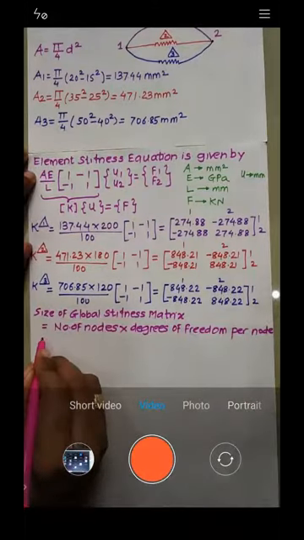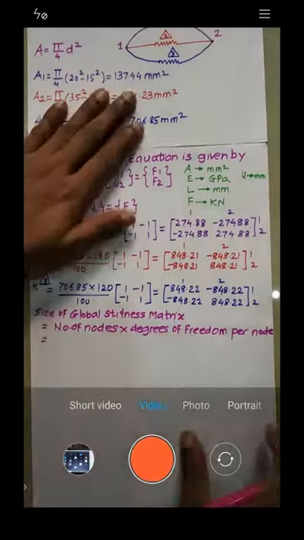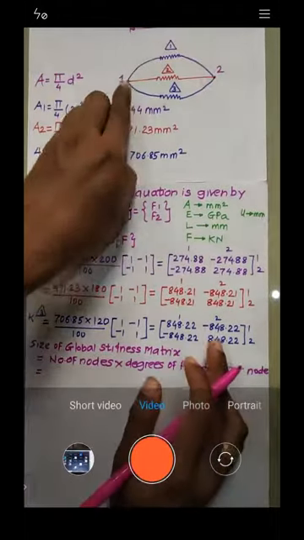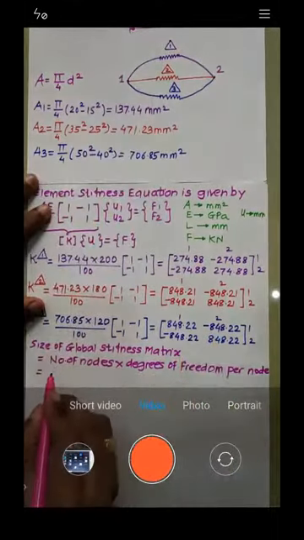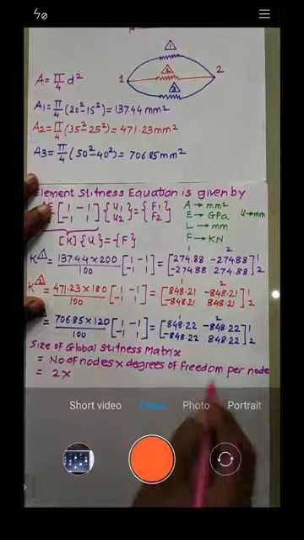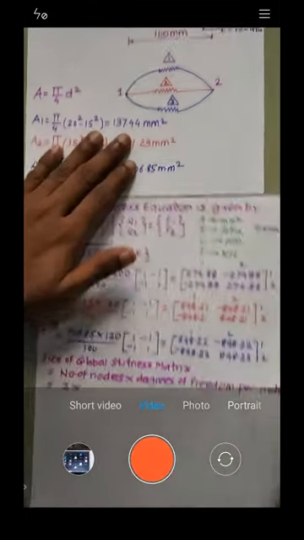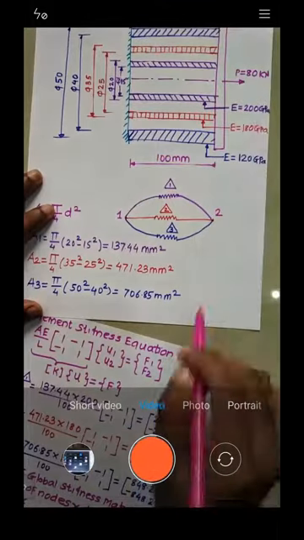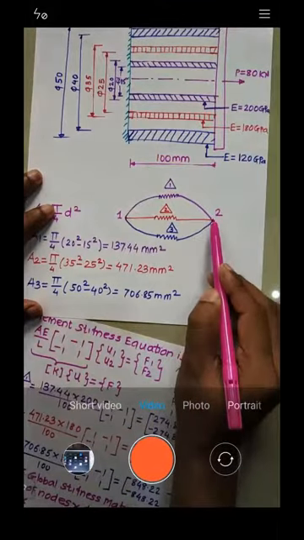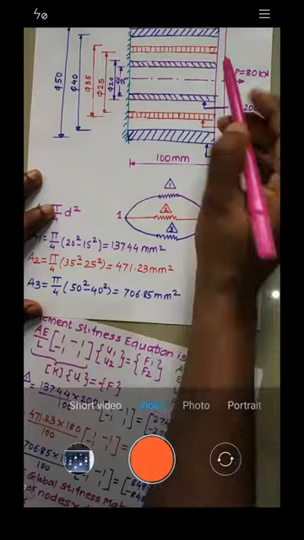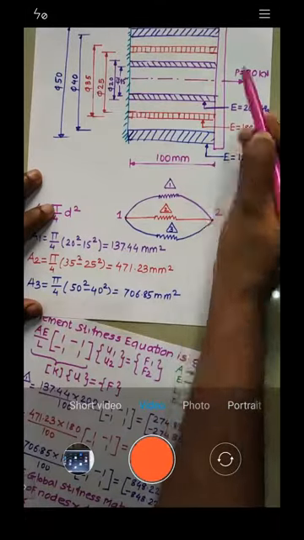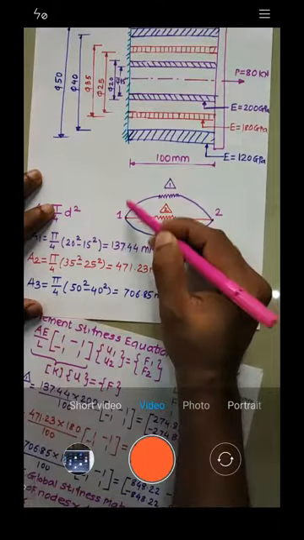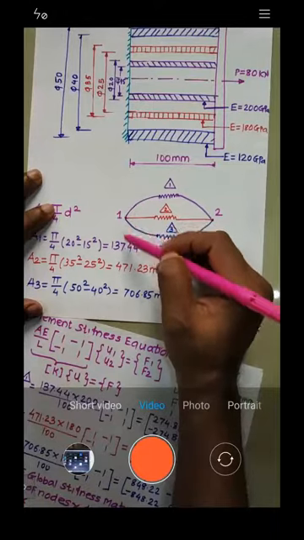Let's comment based upon this problem. How many nodes do we have? We have two nodes. In how many directions will it move? You are applying the force in x direction. At node 1 it is fixed.